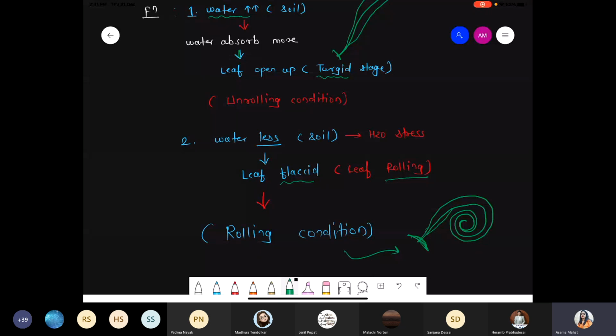Such a condition is called the rolling condition. Got it? Rolling and unrolling. Simply related to saving water. If water is present in favorable plenty amount, then unrolling. If water stress condition, immediately they decrease their surface area and try to save water.